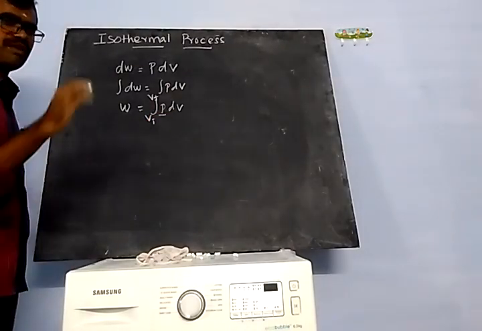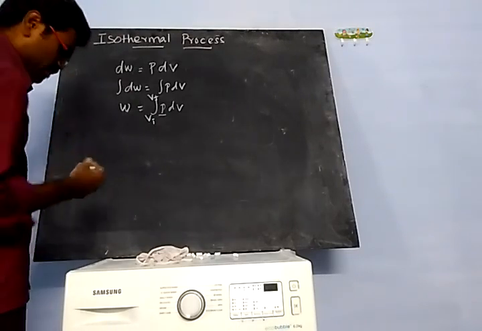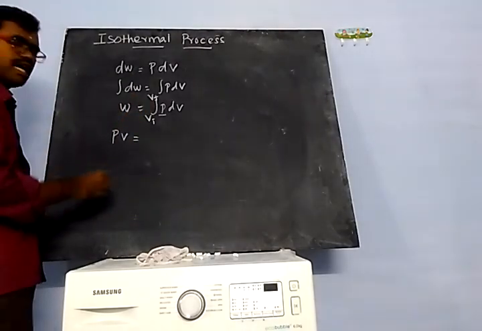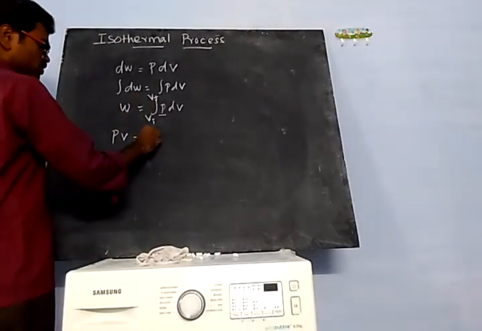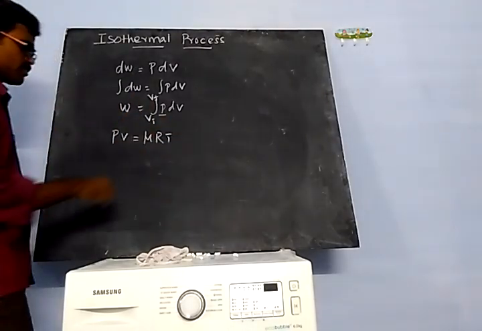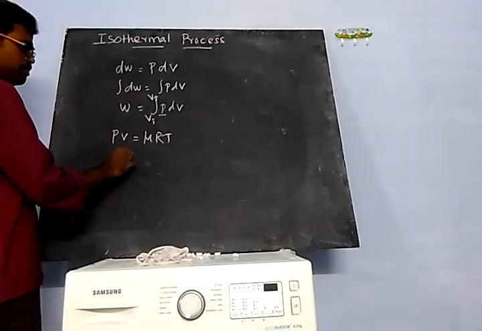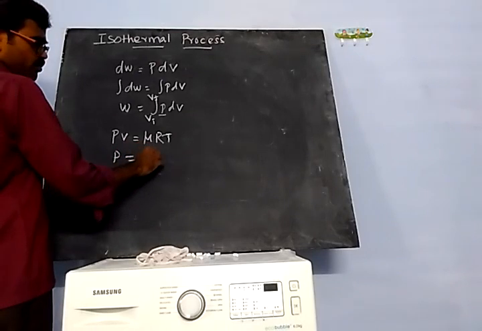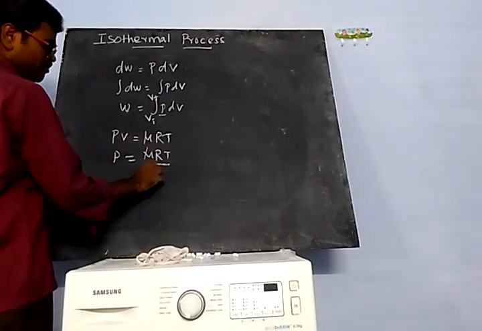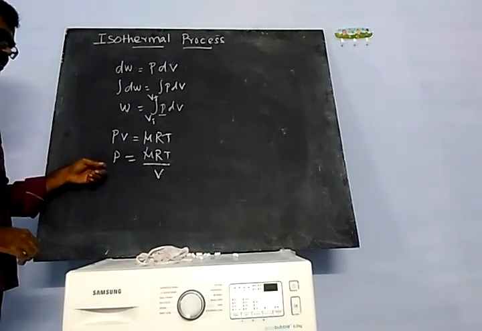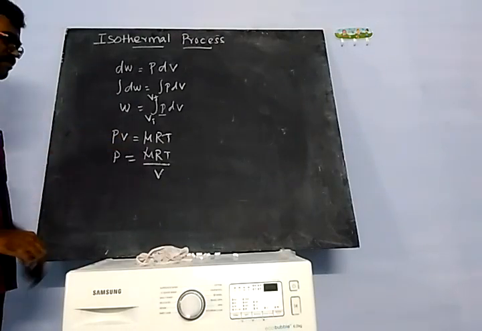How much pressure will be there in the piston? By using the ideal gas equation, PV is equal to mu RT, then P is equal to mu RT divided by V.